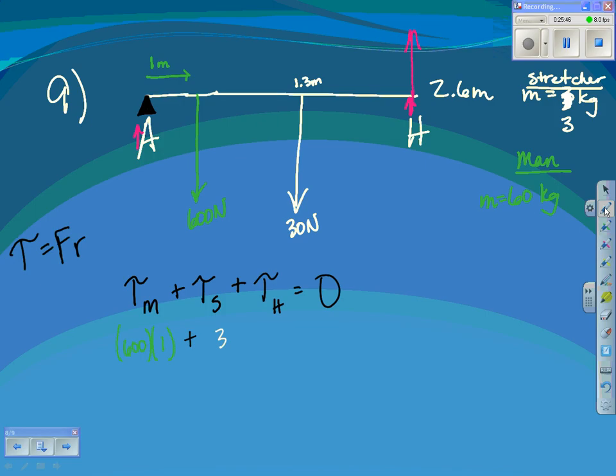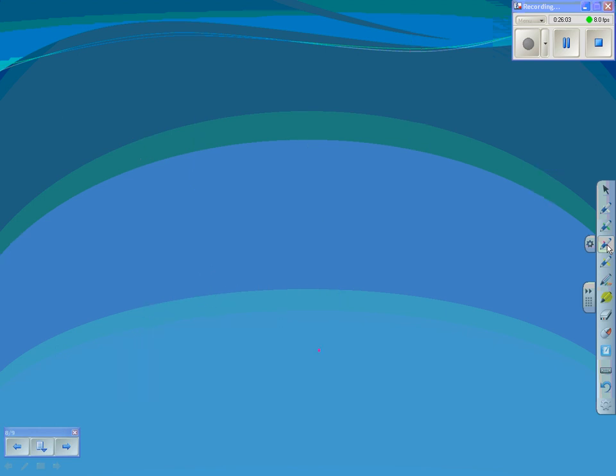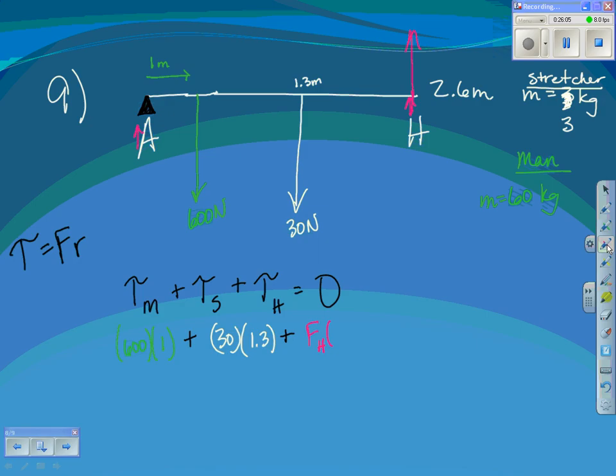Now the stretcher is 30 newtons force, and how far is the stretcher's line from the fulcrum? It is 1.3, because we had to use it as a center of gravity. And then Hank is the force we're trying to find, and the distance of 2.6, because he's all the way on the other end. Well, all that's going to equal 0.